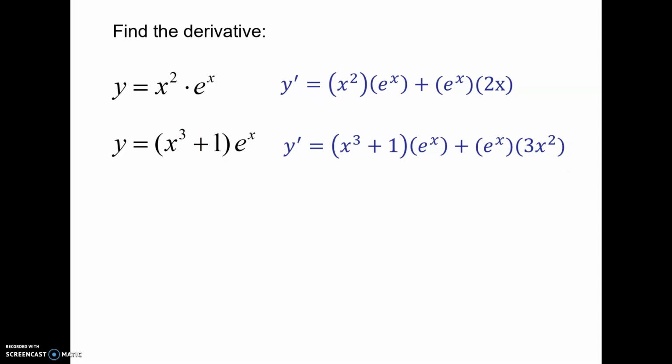Now again, I could manipulate this a little bit, take out a common factor of e to the x, and then be left with x to the third plus 3x squared plus 1. But for just having to apply the rule right now, let's just leave this alone.